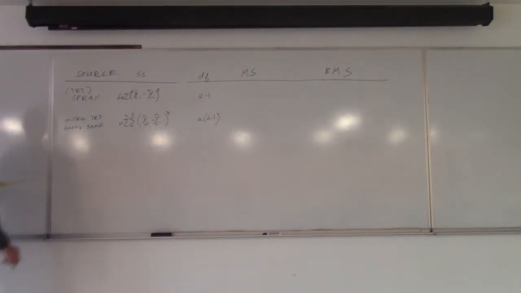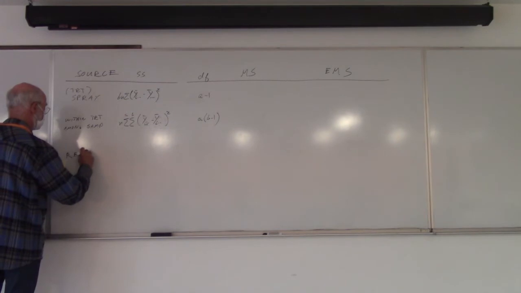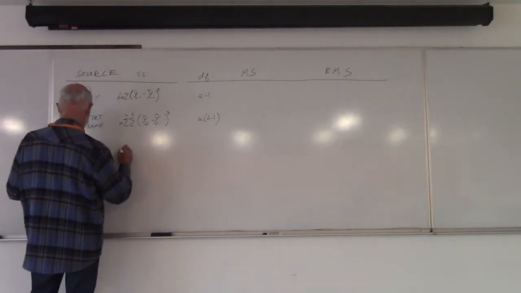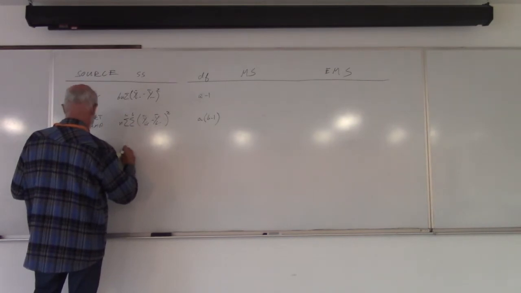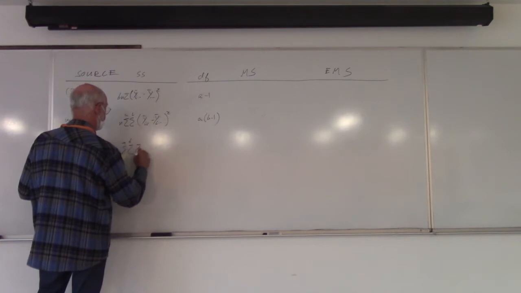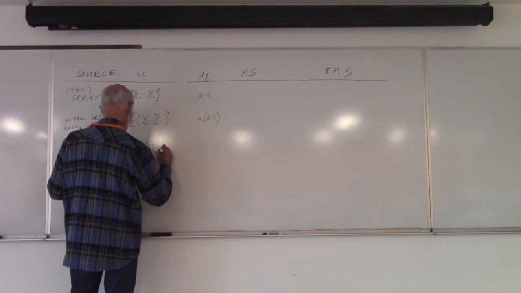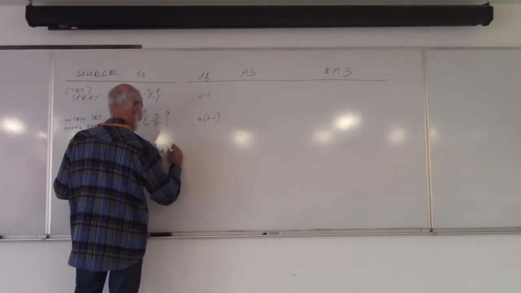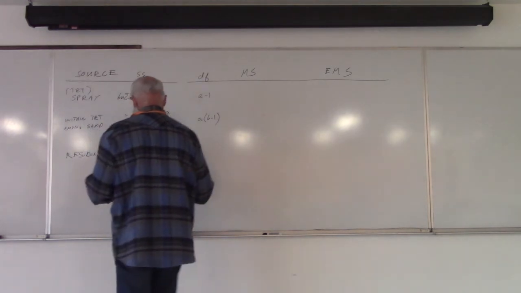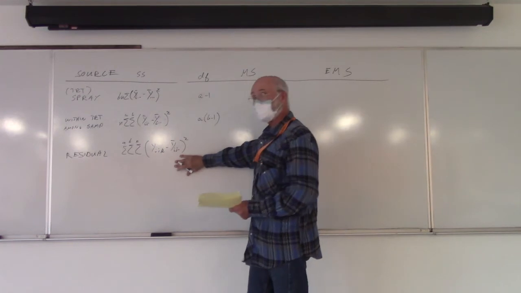All right. Now, the residual. Here I have the sum across A, the sum across B, and the sum across N of y i j k minus y i j dot bar quantity squared. And the degrees of freedom, well, let's see, what are we estimating?